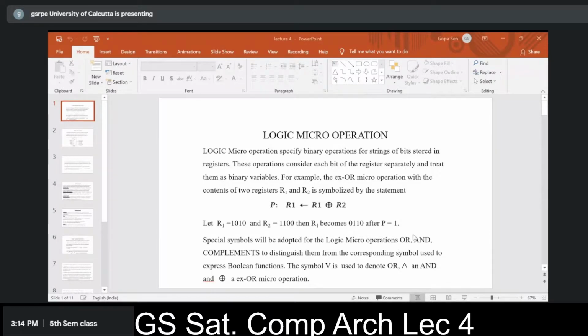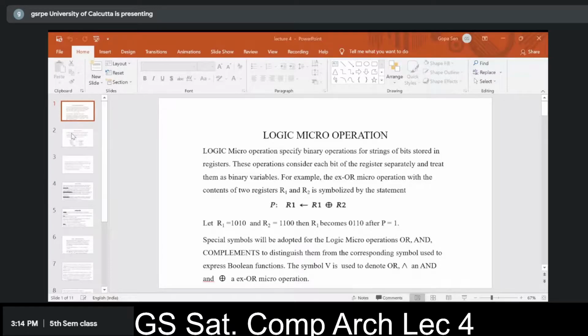So, the symbolic representation of the OR operation is like V. The V symbol is used to denote the OR operation. This symbol is used to represent the AND operation, and this symbol is used to represent the XOR micro operation. So the symbols required for OR operation is this, AND operation is this, and XOR operation is this.